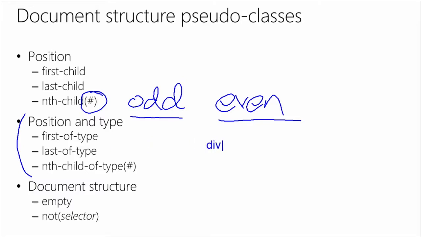Let's say I said div colon first-of-type, and then I set whatever my style happened to be, and then up here let's say that I said div and I said first-child like this. There we go.